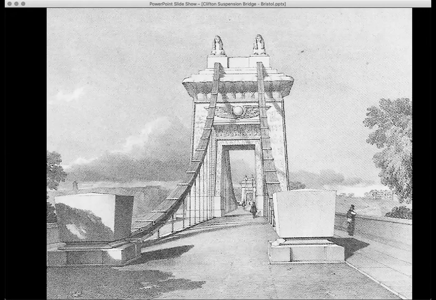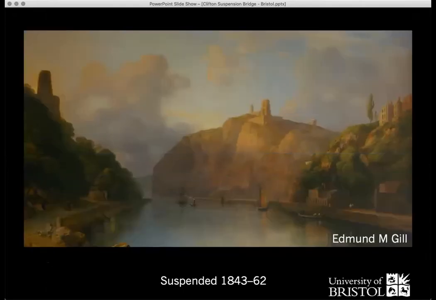So it looks as though what would have been produced, even before the money ran out, would not have been quite exactly as per the original design. But then after suspension, of course, by the time things got going again in the 1860s, it was a question of finishing the whole thing off at the most economic price. And also Egyptomania was long gone.